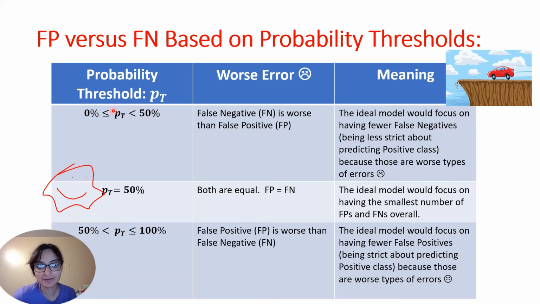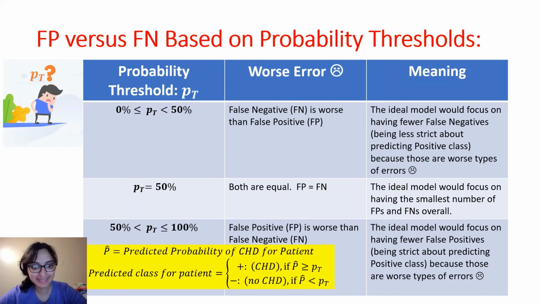So again, anything that is greater than or equal to the probability threshold, you assign to the positive class, and anything that is less than the probability threshold, you assign to the negative class. This is the predicted probability of coronary heart disease for the patient, P with a little accent on top, like a P hat.